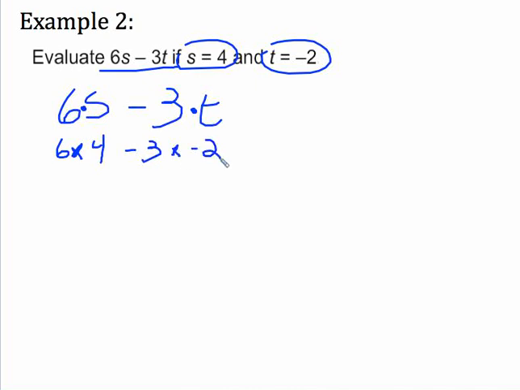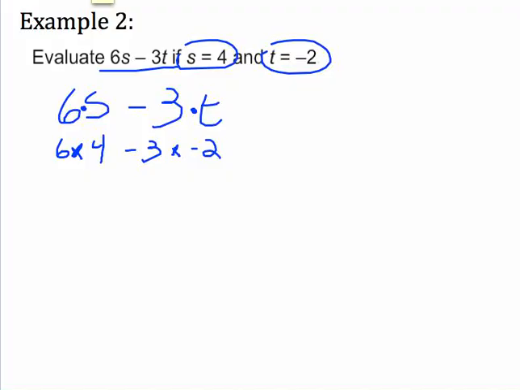Now some of you might be saying, can't I just write this as this, with the dot? Certainly. You can also write it with parentheses, and there would be no problem with that as well. I'm going to leave it at just the times that I had before, just for neatness sake.